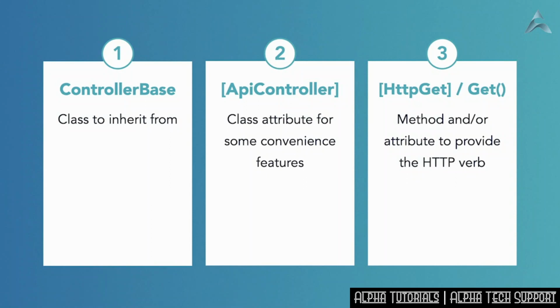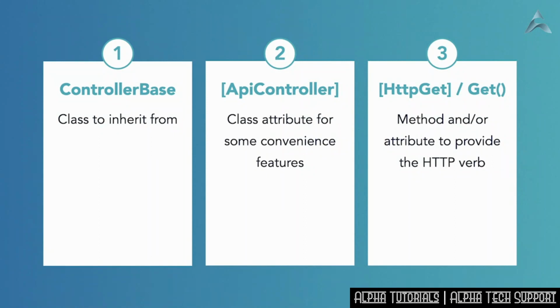But to make things really clear and to be explicit, you could also add an attribute. HTTP GET basically marks a method as responsible for GET requests, HTTP POST for POST requests, and similarly for all of the other HTTP methods we would like to support. That's basically all we need to know.